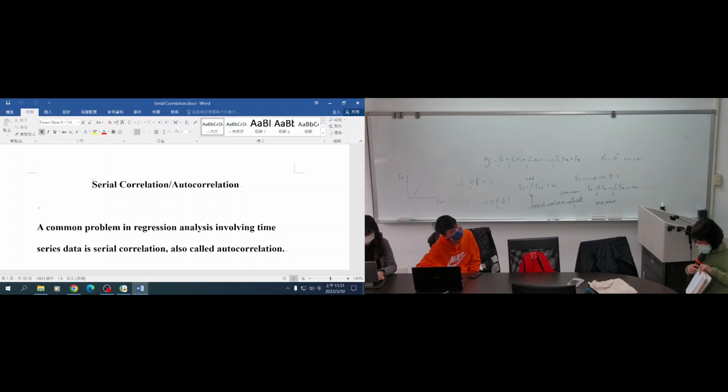So I would have positive for the first periods, then go down, down, down to the negative side and still have positive correlation, so still on the negative side. Then gradually come up to the positive. So this is one possibility of positive serial correlation.